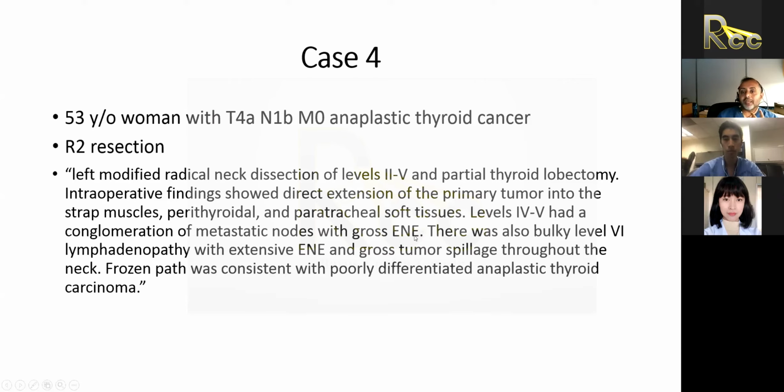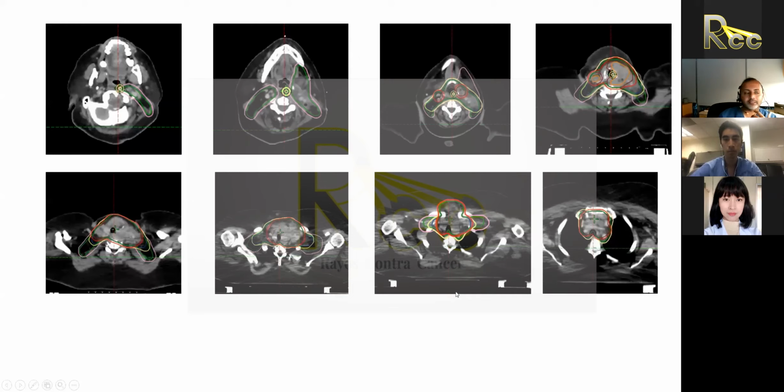So they aborted the surgery, and frozen path came back as a poorly differentiated anaplastic thyroid cancer. I saw this patient emergently, within a day of her surgery, because she had very extensive disease and needed rapid onset of therapy.